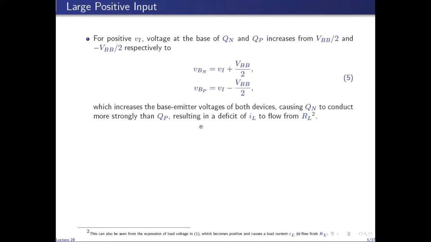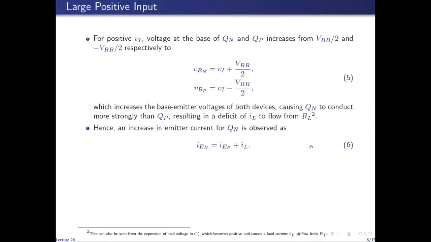And this will in turn increase the emitter current for QN. So the deficit between the emitter current of QN and the emitter current of QP will flow through RL, and we will designate that deficit by IL. So this is the load current flowing through RL.